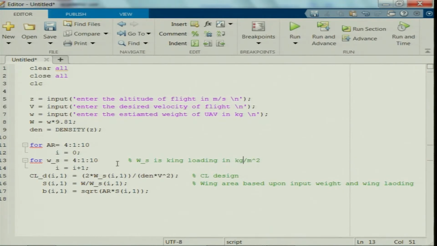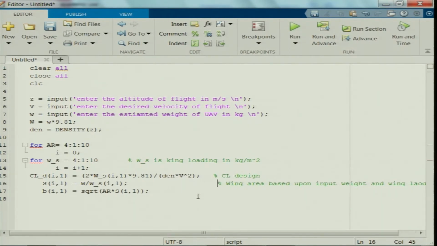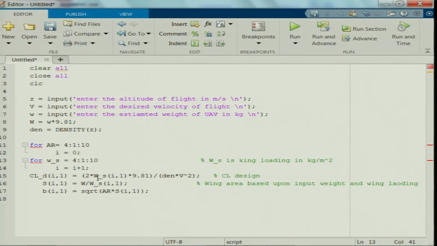I am converting this kg per meter square by multiplying by 9.81, so that it becomes Newton per meter square. So, this Ws, let us say capital Ws itself, is in kg per meter square, and when multiplied by 9.81, what I am going to get is Newton per meter square.